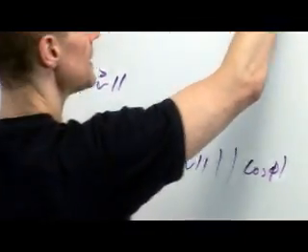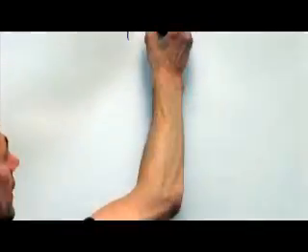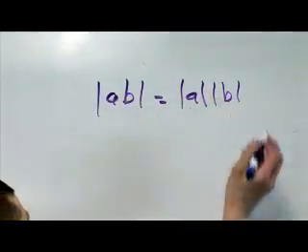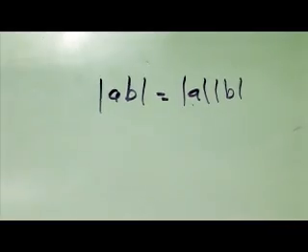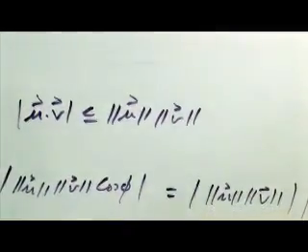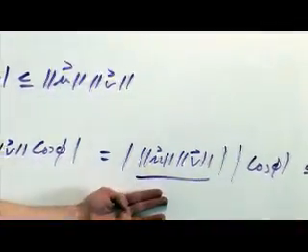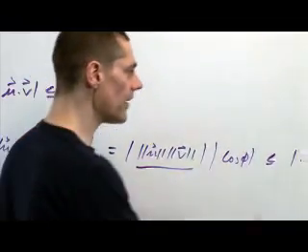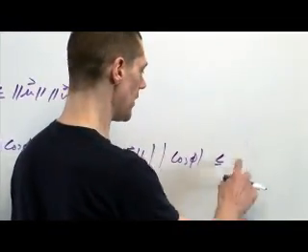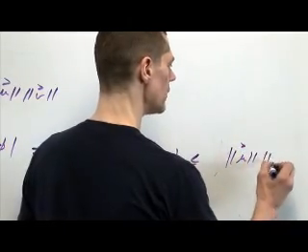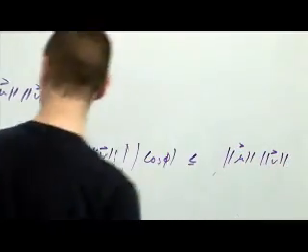And the reason is because you can do this: the absolute value of a times b is the same as the absolute value of a times the absolute value of b. But the absolute value of cosine theta is less than or equal to 1. So this is less than or equal to 1 times these norms, which are always positive, so I can get rid of the absolute value sign. I don't need to multiply by 1. So this is less than or equal to the norm of u times the norm of v.